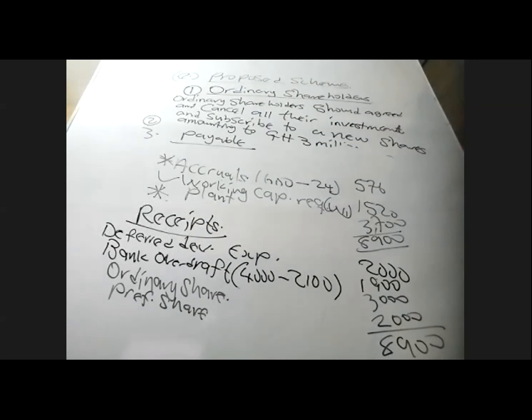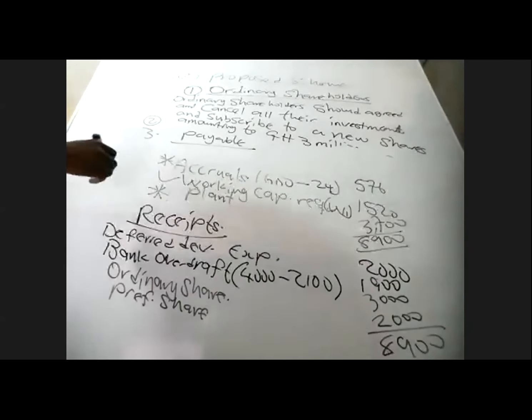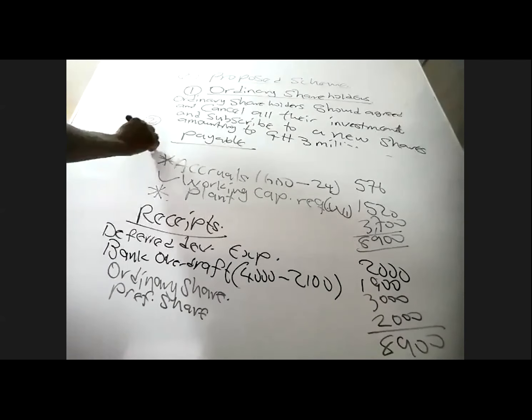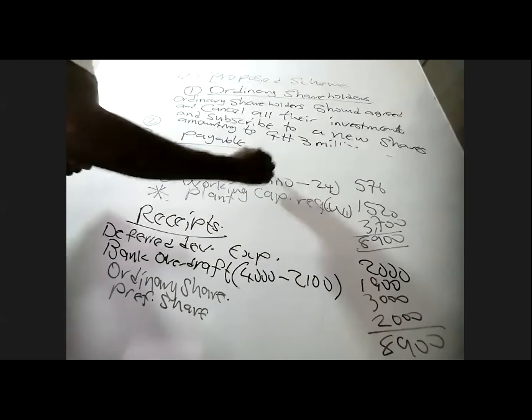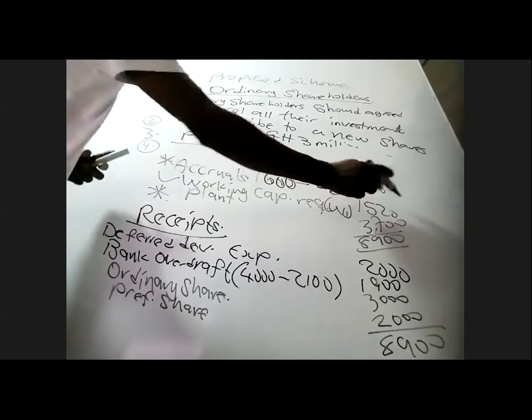So the fourth one is accruals. What will be the accruals? The accruals value is 600. They are losing 24,000, and we are paying the 576 immediately.